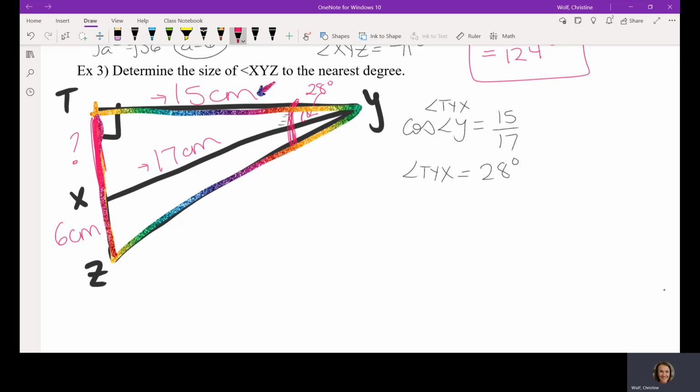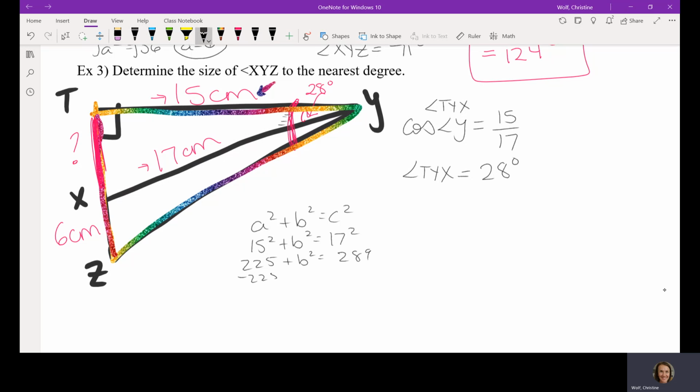So I'm going to do the Pythagorean theorem with a squared plus b squared equals c squared. I'm ahead of myself. So 15 squared plus b squared equals 17 squared. That's 225 plus b squared equals 289.